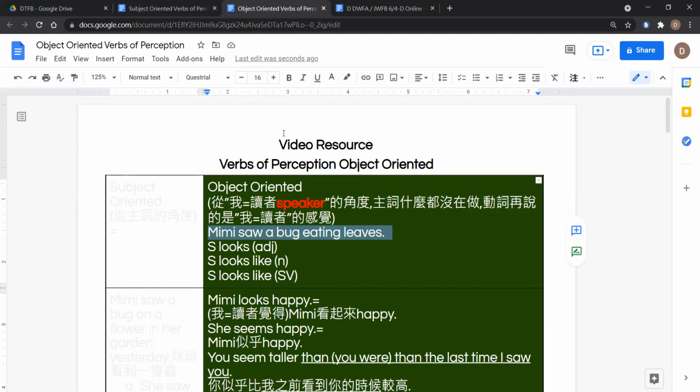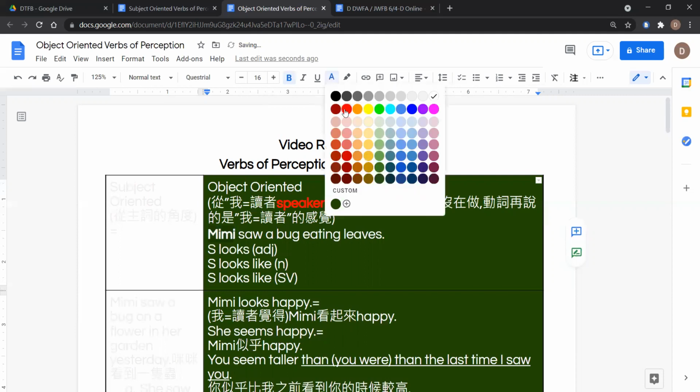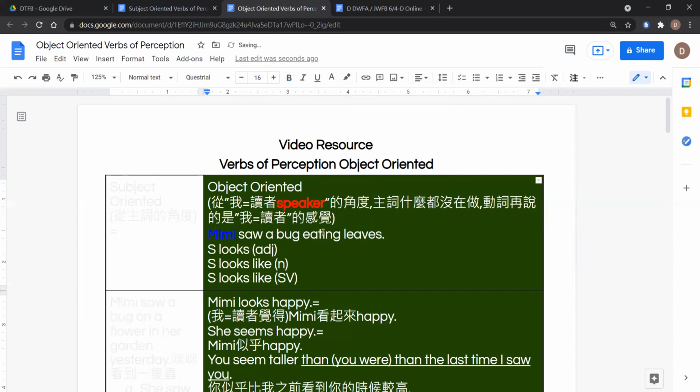So Mimi saw a bug eating leaves. But see, Mimi is the subject. She is the person doing this action. She saw. Okay, so in this case, Mimi is the subject of this sentence.